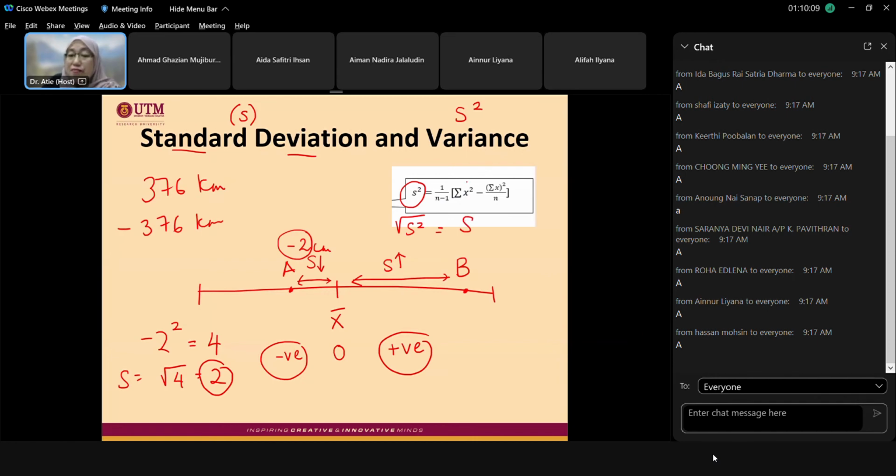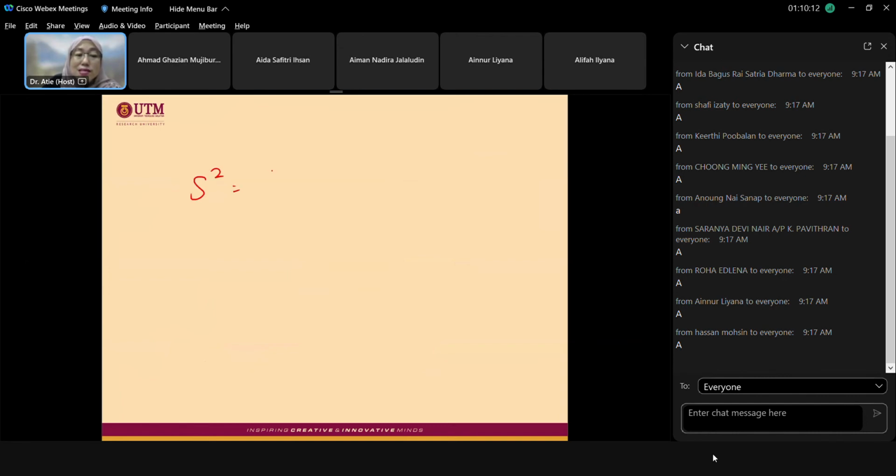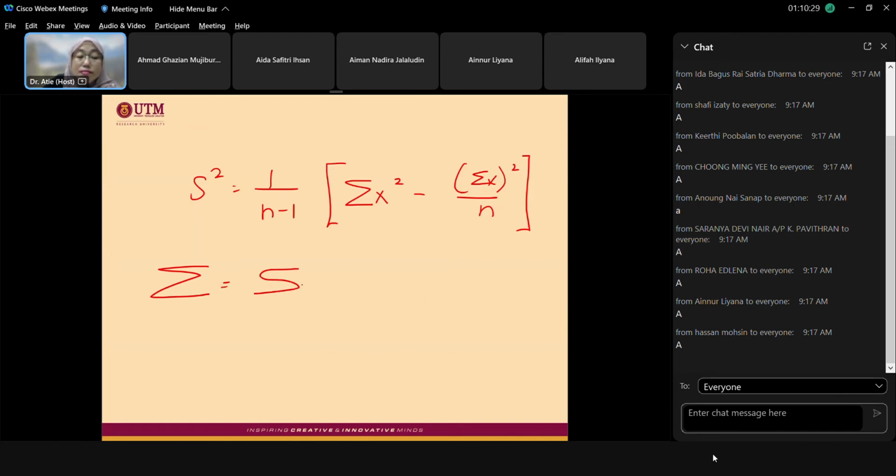In the formula, you can see s squared is 1 over n minus 1, times the sum of x squared minus the sum of x, squared, divided by n, right? This symbol right here is sum. It's like S, sum, right? And we need to know how many data points we have in the data set. Also, this symbol right here is not the same.